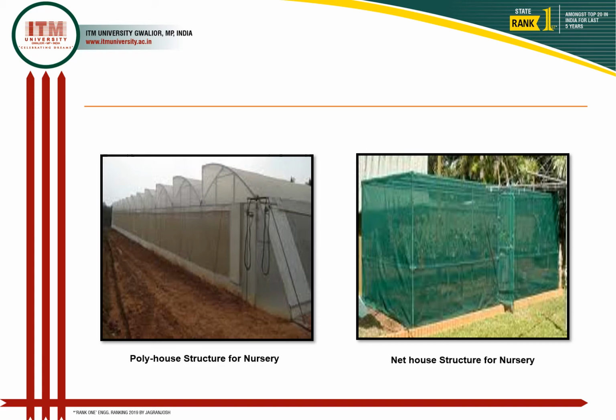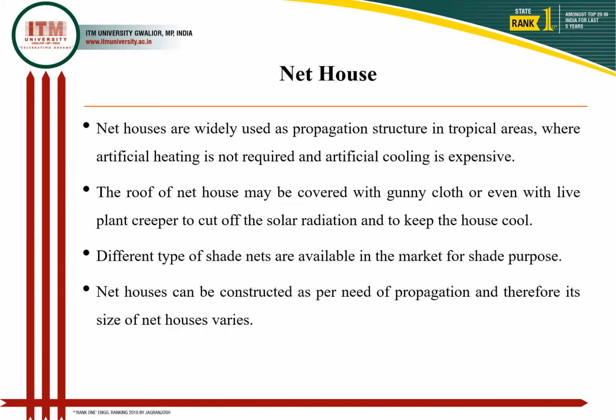So you can see the polyhouse structure here in one image, while in another image it is a net house structure. The next topic is the net house as well. It is another important structure, generally used under tropical conditions where the temperature is very high, and seedlings need some cooling effect, a cooling atmosphere, in the hot, desiccating tropical region.